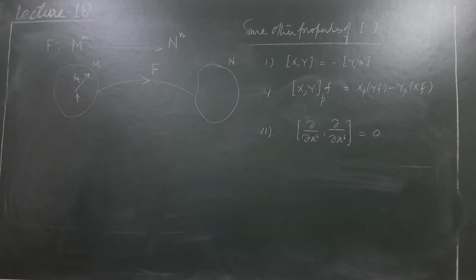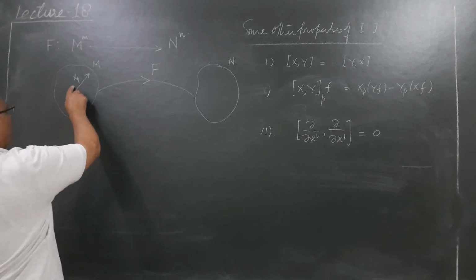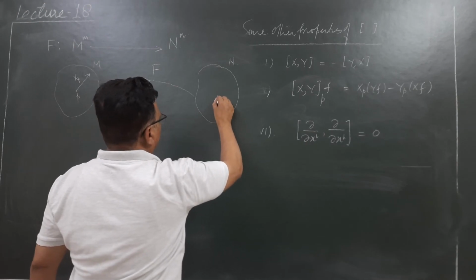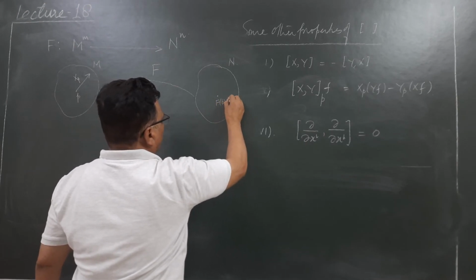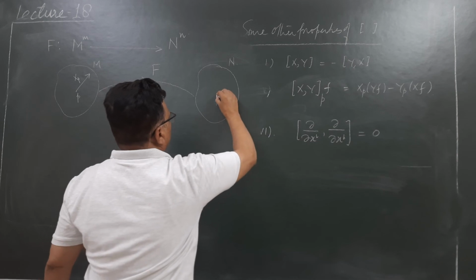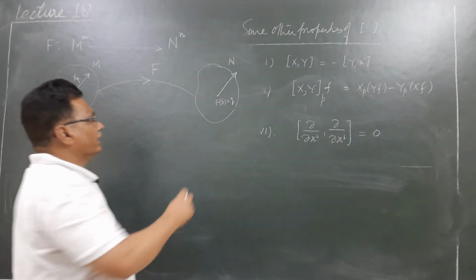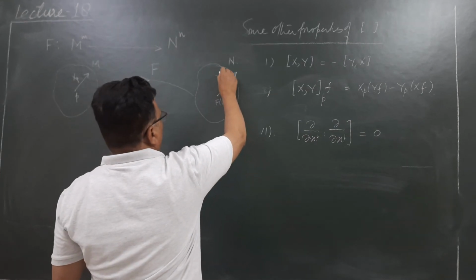So I expect that the image of Xp under the differential of f will be a tangent vector at f(p). This is f(p), you may call it q. So the image of a tangent vector should be a tangent vector, so here there should be some Yq.